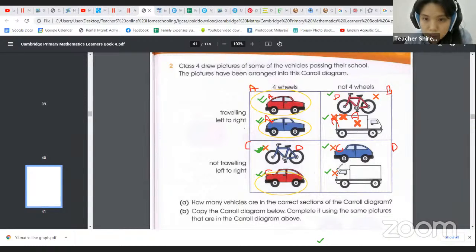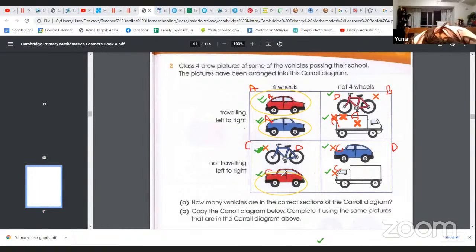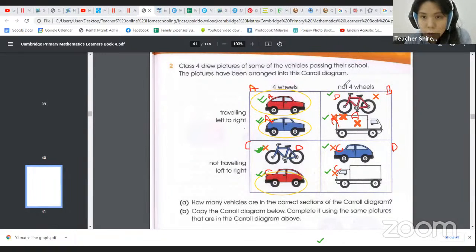This one, it's the same thing. This is also C. So we have 3 items on A, 1 item on B, 2 items on C, 3 items on C, and 2 items on D, 3 items on C, C, D, A, where's B?